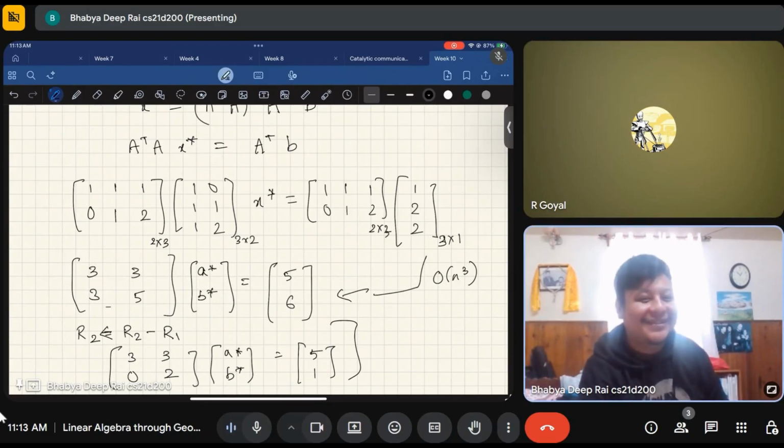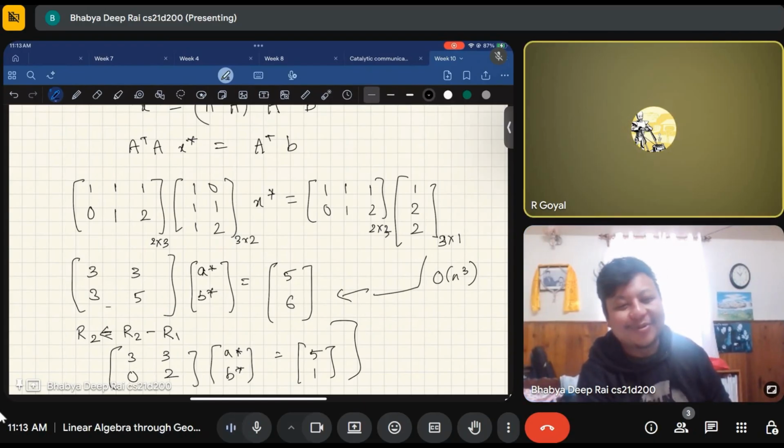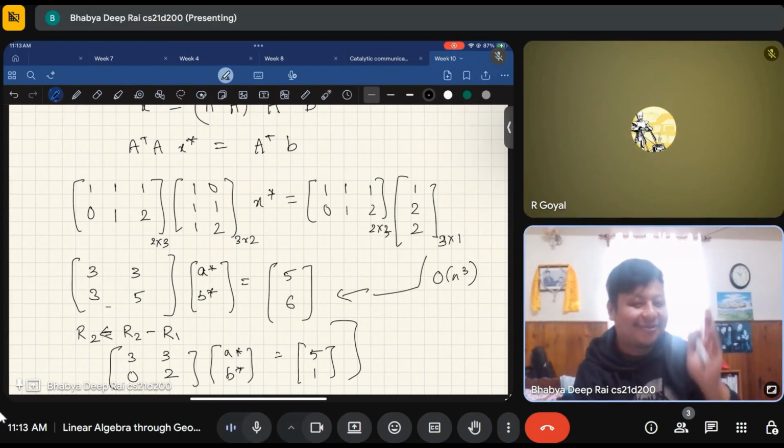No, inverse is computationally very taxing to compute, because inverse is equal to 1 by the determinant times the adjoint, and determinant computation is something that is not easy.